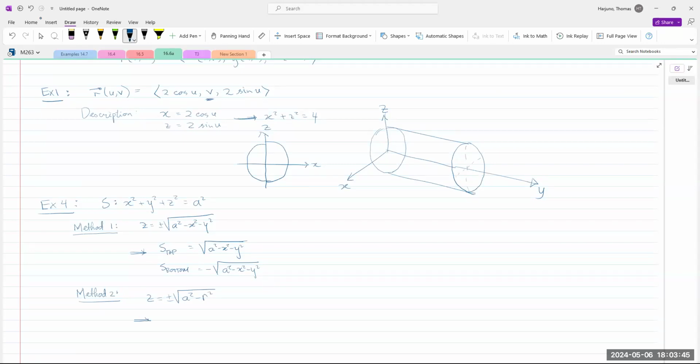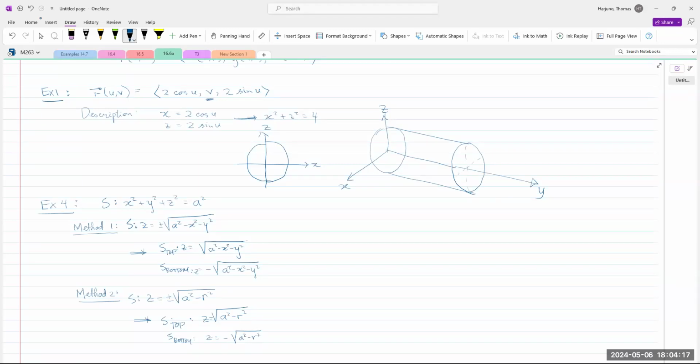In other words, the surface on the top is given by z equals the square root of a squared minus r squared, and the surface at the bottom is given by z equals the negative square root of a squared minus r squared.